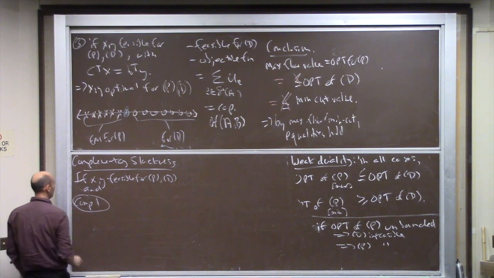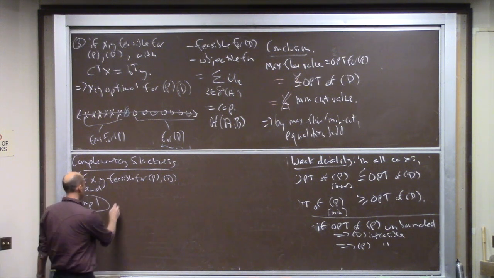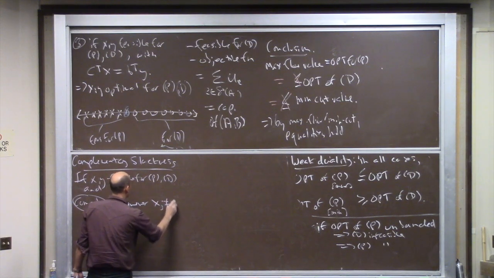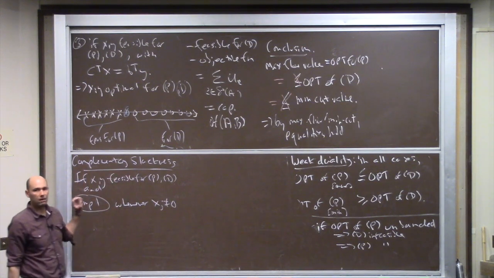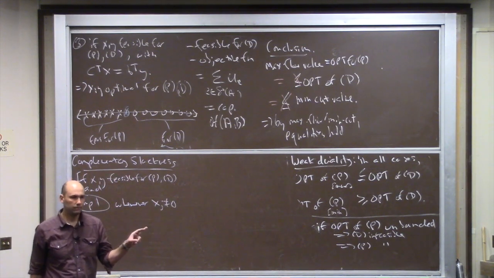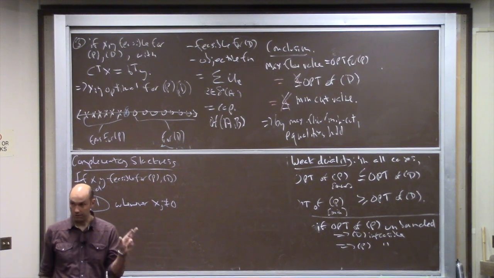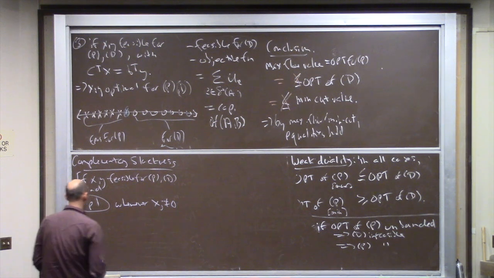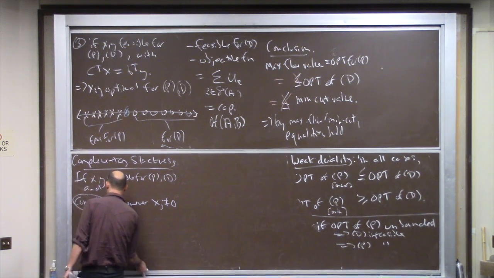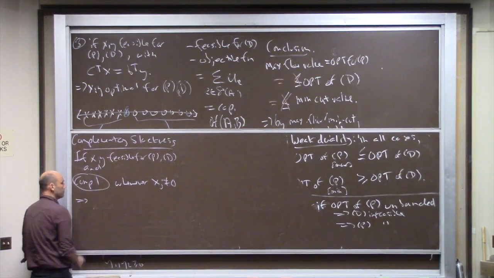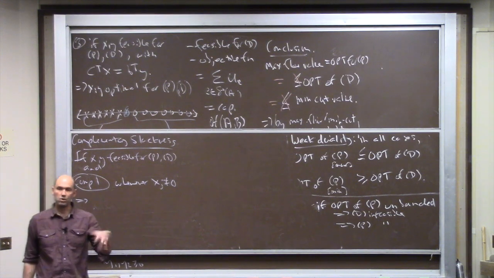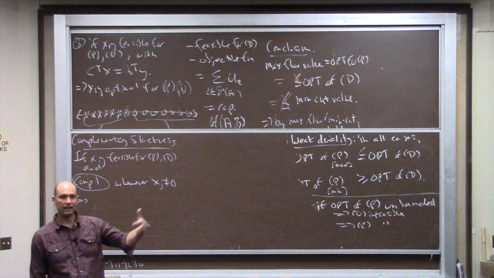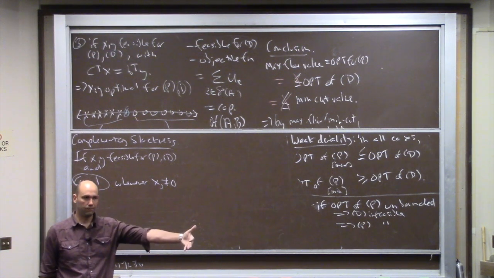So complementary slackness 1. Suppose that whenever you have a decision variable in the primal with a non-zero value, suppose it's the case that in the dual, remember in the dual, constraints correspond to variables, so there's going to be some analogous jth constraint in the dual.